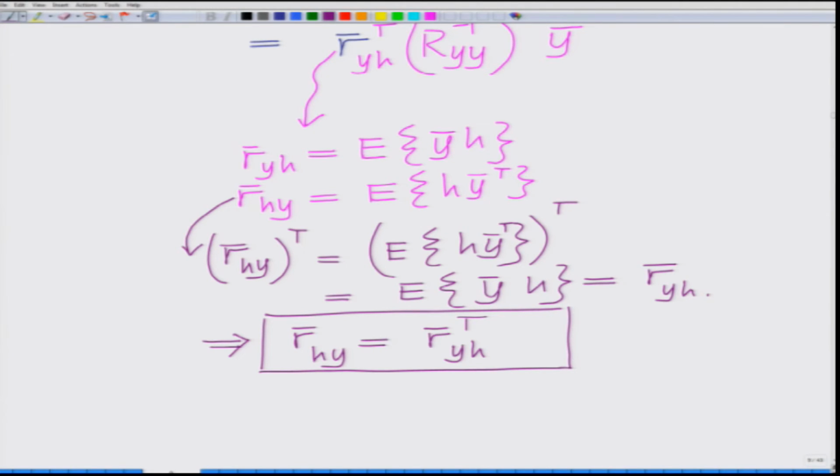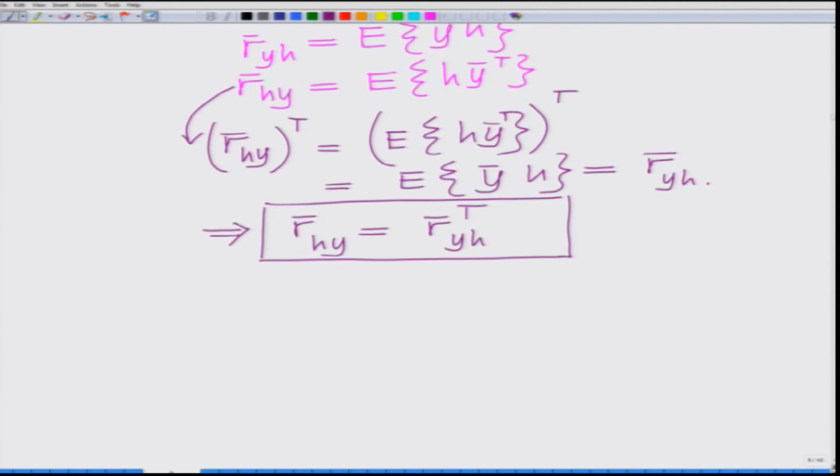Further, if you look at this quantity RYY inverse transpose, realize that RYY equals expected y bar y bar transpose, this is a symmetric quantity, correct.